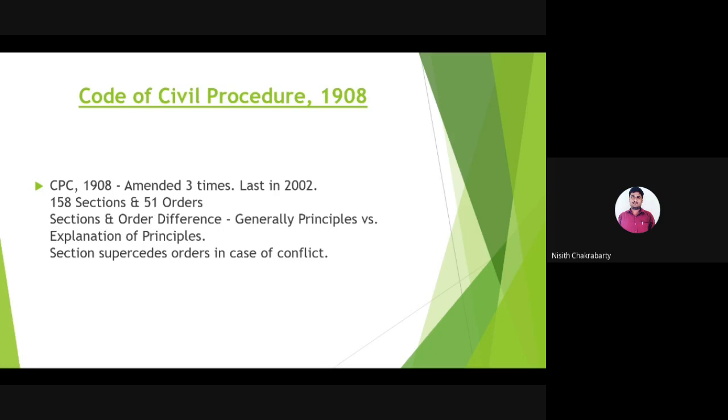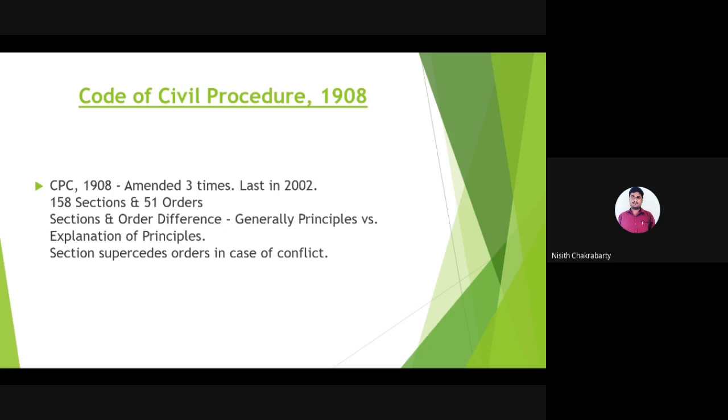But I believe the main difference is that sections are general principles, whereas the orders are the explanation of the principles. Because if the legislature tried to incorporate the orders with the sections, it would be so voluminous, probably it would be difficult to read.